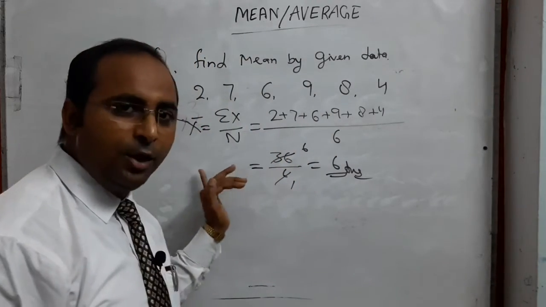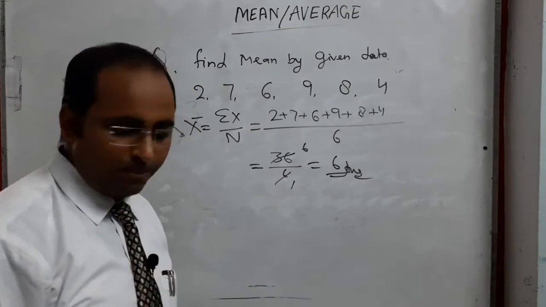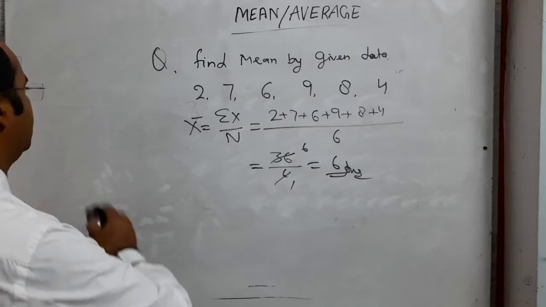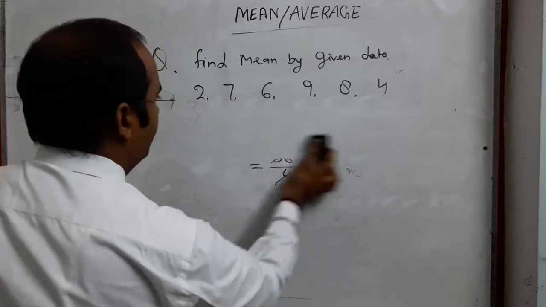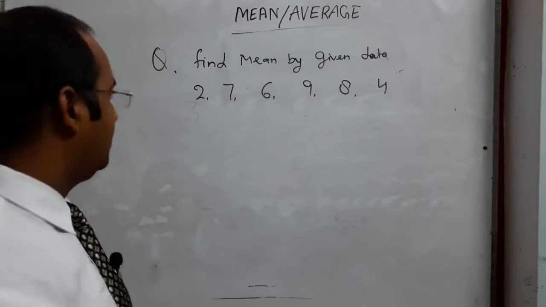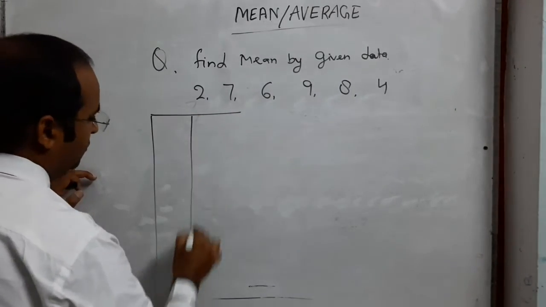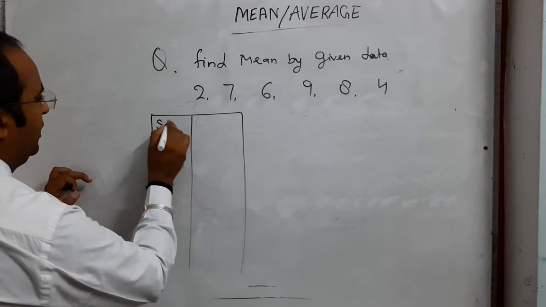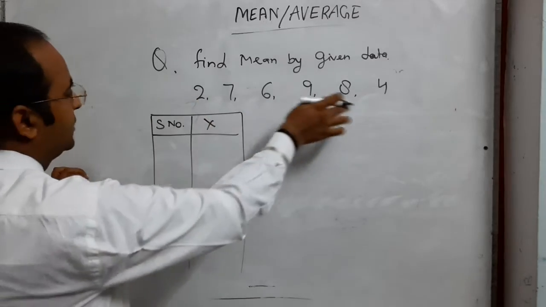Okay, student, this is the first method. You can do it by the table method. You can do this type also. Serial number is given here, and x. This value is called x.